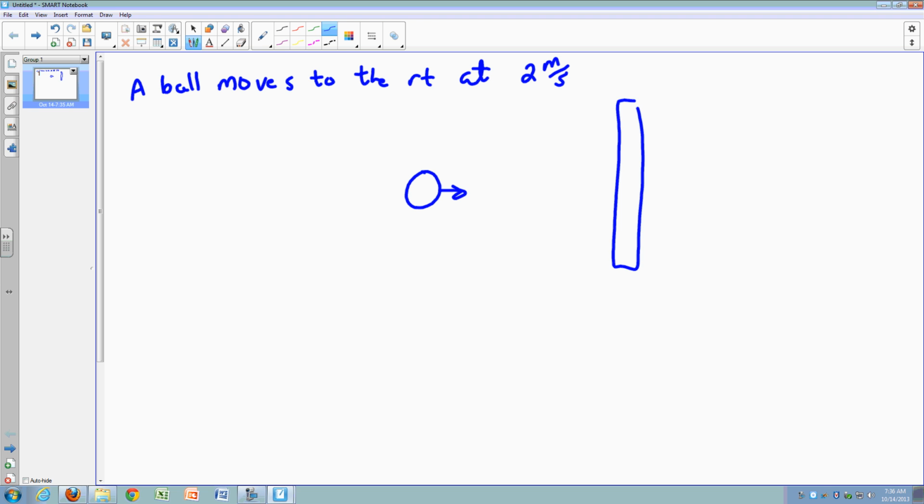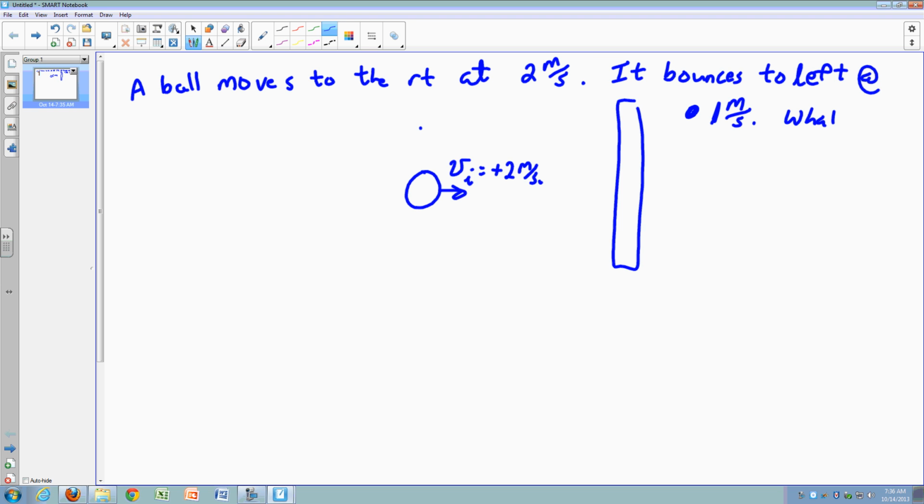So this ball will be moving with an initial velocity equal to positive 2 meters per second. It collides with a wall, or it bounces to the left at 1 meter per second. What force was imparted?